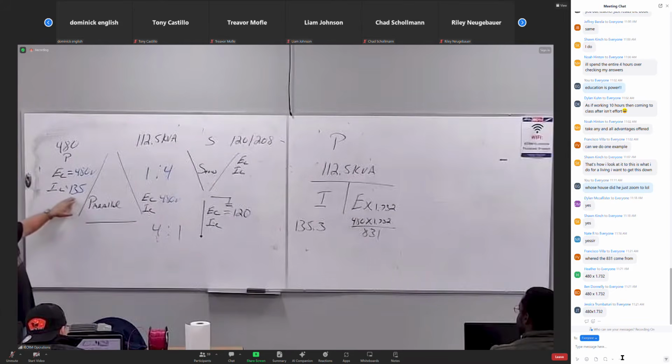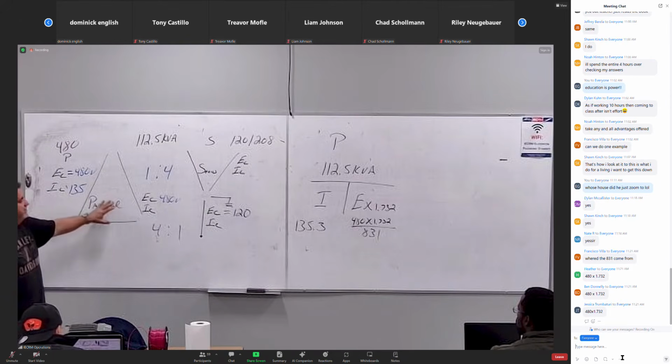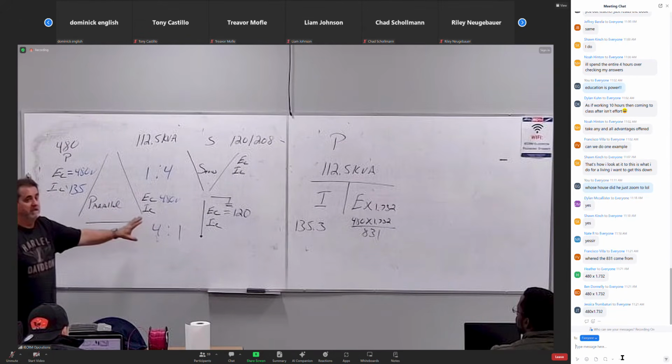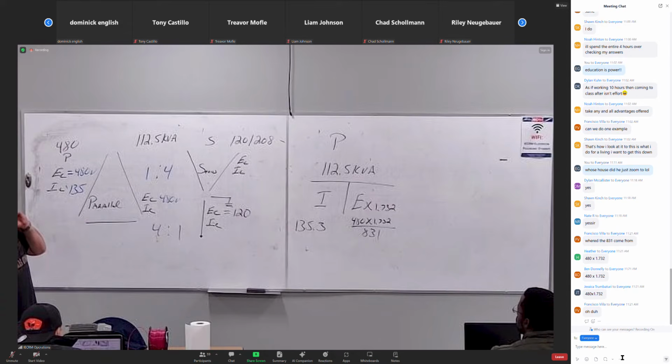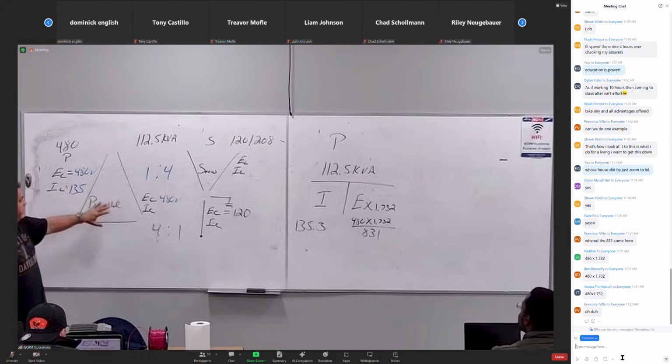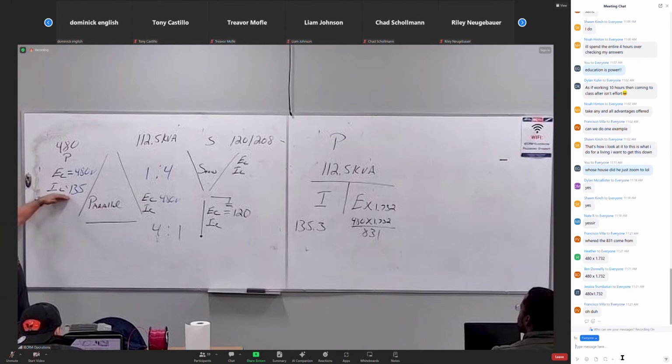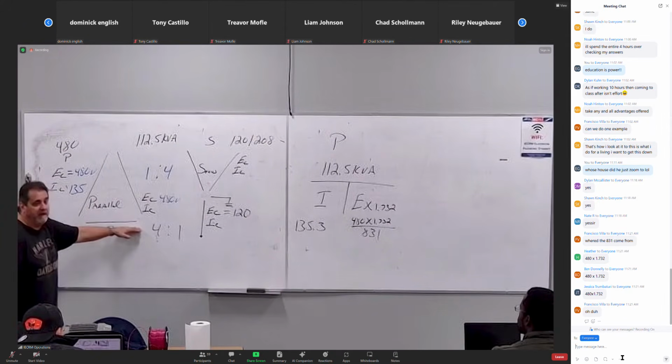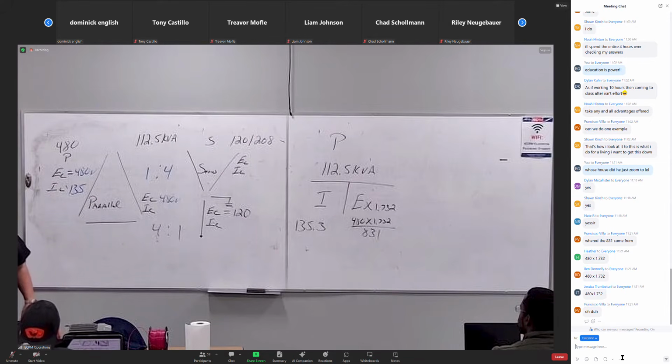Okay? How much less is coil current than line current? Not the ratio over here, this is within the thing itself. It's less by 1.732, right? So within my circuit, within my delta or my Y, the delta is parallel, so voltage stays the same. That means my line values will be greater than my coil values by 1.732.